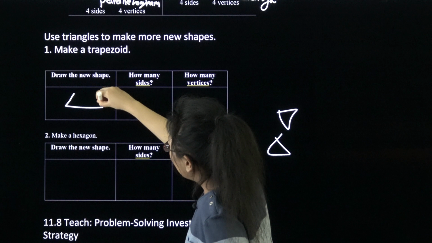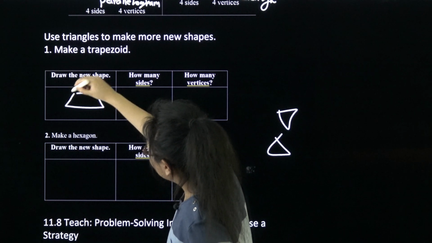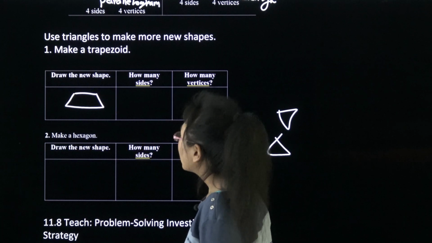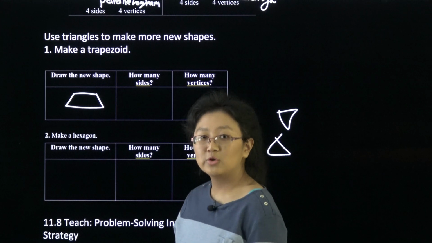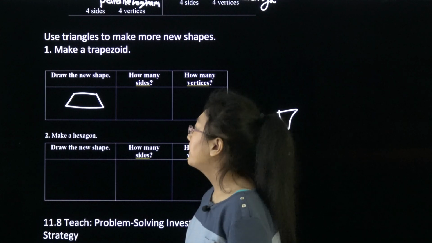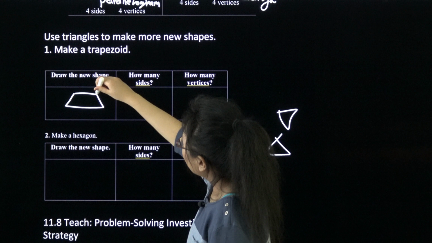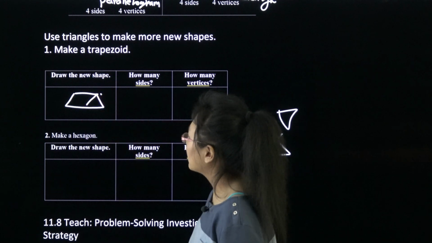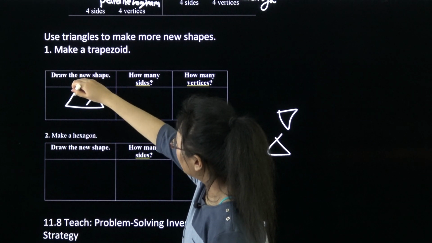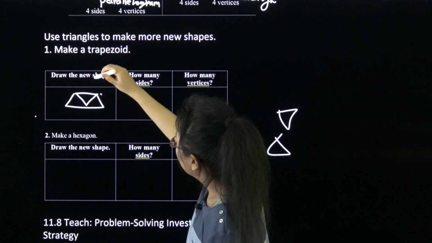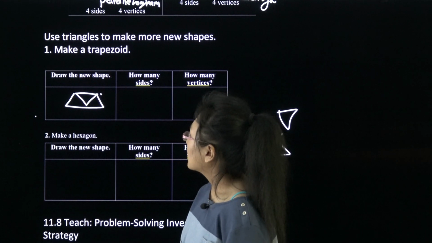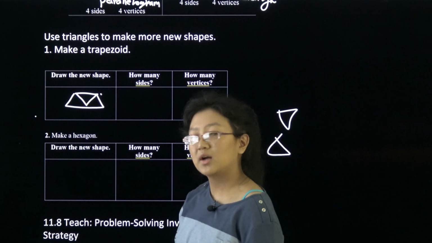So first, let's draw a trapezoid because now we know what the triangles have to make. Since we know that two triangles can make a parallelogram, and a trapezoid kind of looks like a parallelogram plus another triangle, the trapezoid made out of triangles would kind of look like that.